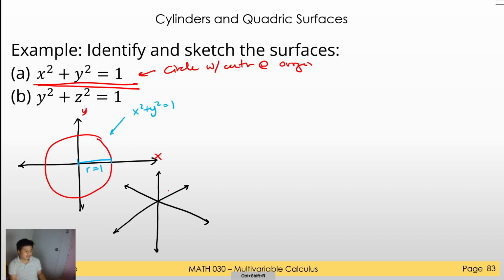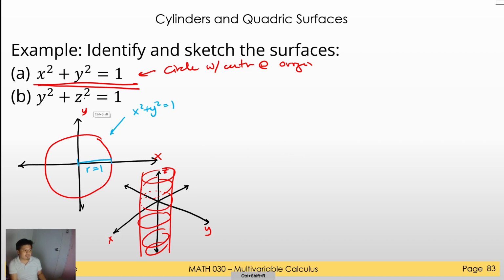Therefore, for every value of z, we have this circle in our coordinates, and the succeeding ones traverse as well, and so on. So this is just a vertical cylinder in this form.